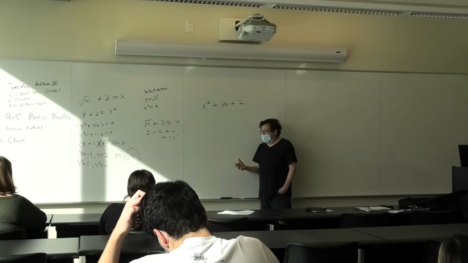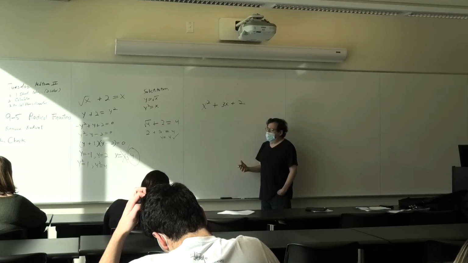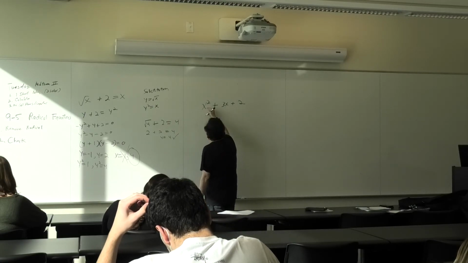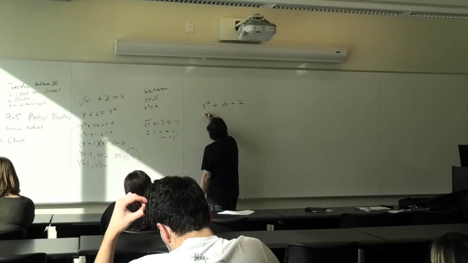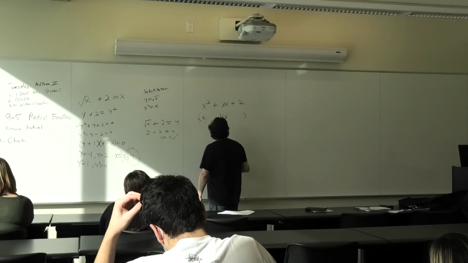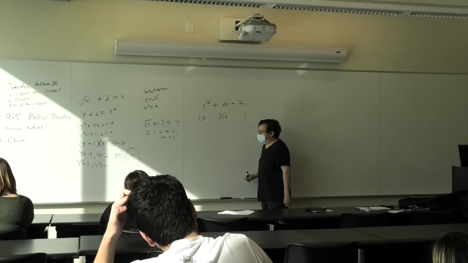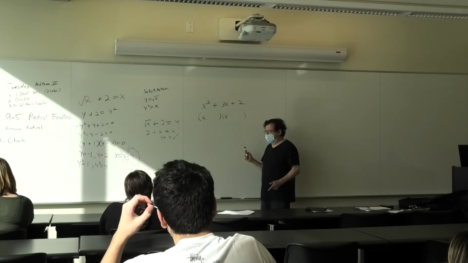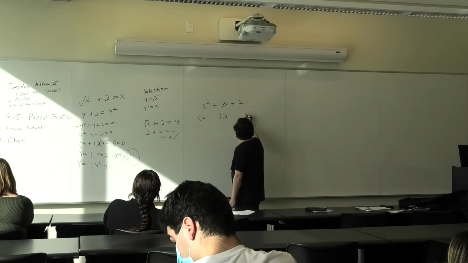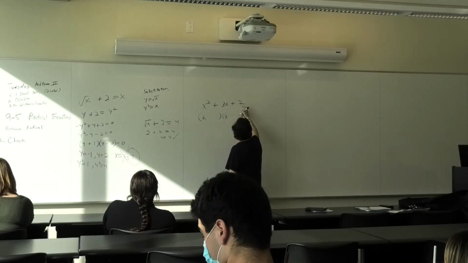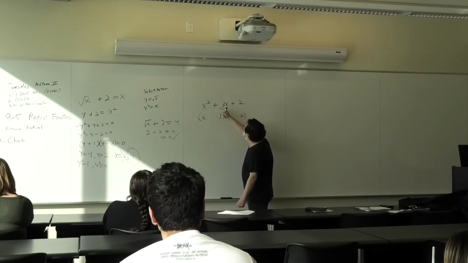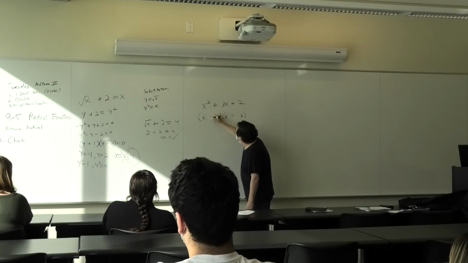What we've learned so far is how to use reverse FOIL. So I look at this, I see it's x squared, so there's going to be an x here and an x here. This isn't guaranteed to work, but I hope it'll work. I've got a positive 2 here, so it's got to be 2 and 1, and they're both pluses. Let's see if that works.